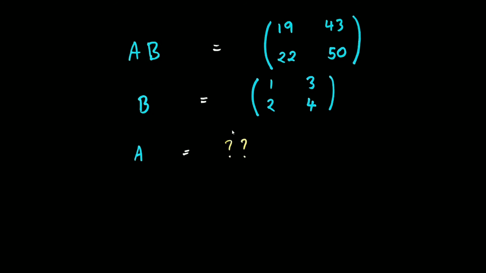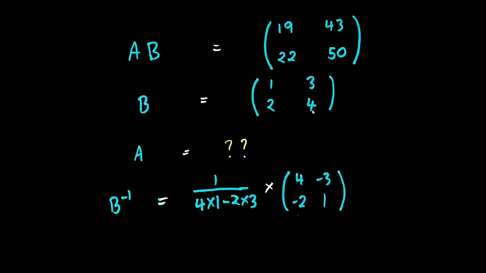So the first step for us is to find out B inverse. B inverse is equal to 1 by the determinant, which is 4 times 1 minus 2 times 3, multiplied by, switch these two places up, this is 4, this is 1, this is minus 2, and this is minus 3 here, and then we simplify it to get minus 2, 1, 3 by 2, minus half.